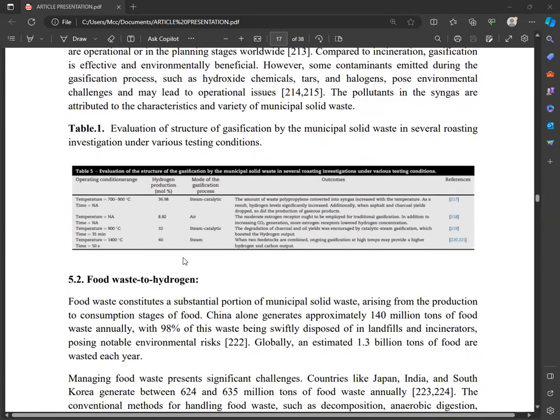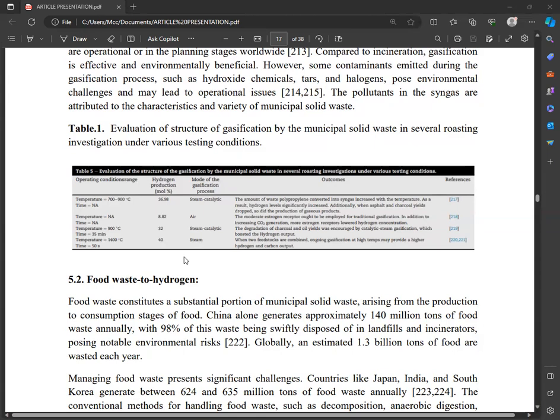This table evaluates the gasification of municipal solid waste in several investigations under various testing conditions. At a temperature of 700 to 900 degrees Celsius, the steam catalytic gasification process produces 36.98% hydrogen from solid municipal waste.